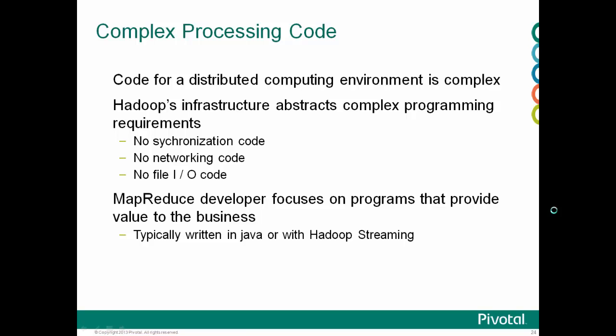The nice part about this is that the MapReduce developer, when asked to create a MapReduce job, focuses on writing a job that answers a question that brings value to the business. He or she no longer is required to worry about having to write synchronization code, network code, I/O code, anything along those lines.